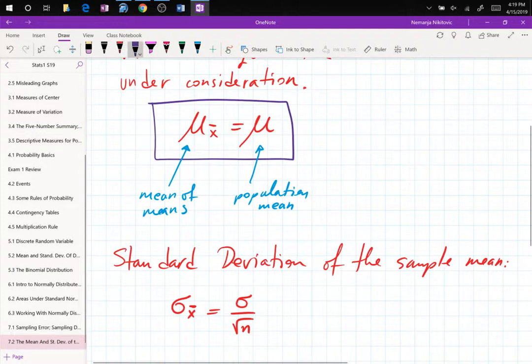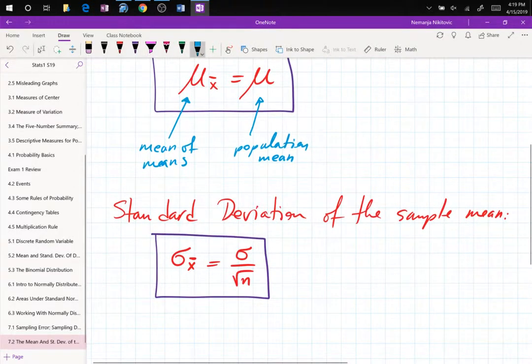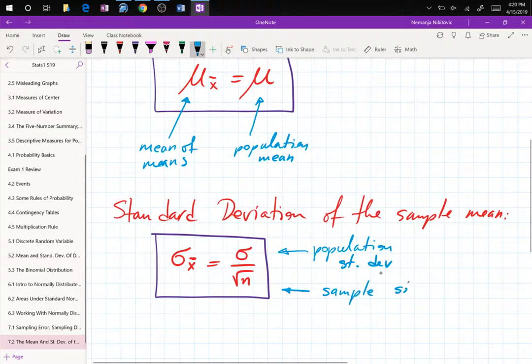So this is our formula. And now I point some arrows. This will be the population standard deviation, and this is the sample size. And that's it.